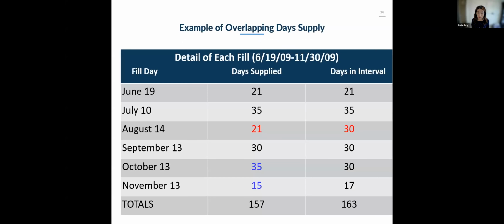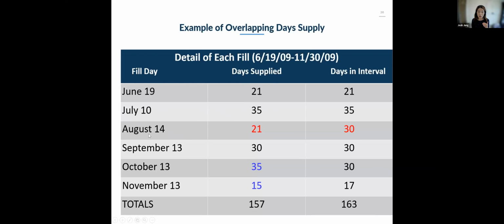So let's look at this example. This patient begins to fill this drug from June 19th. 21 days of supply, fine. She or he came back on July 10th. Okay, so it's really 21 days, right? So probably the beneficiary completed the treatment and came back, and 35 days and then came back again after 35 days.